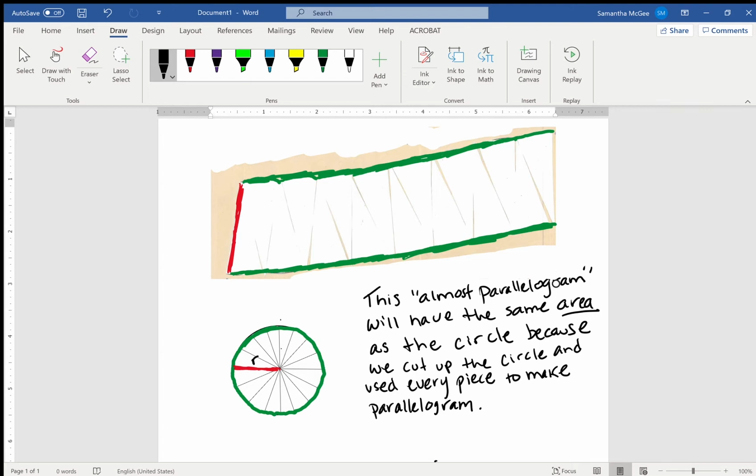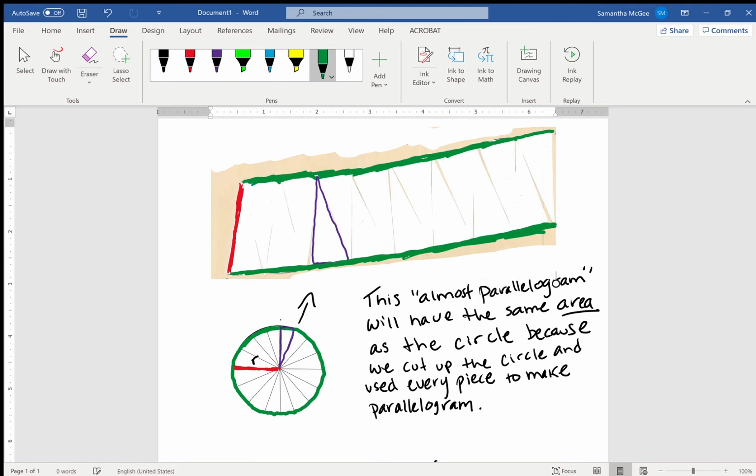Just to relate the two things that we have going on here: we started with a circle and we went to the parallelogram. Looking at the circle, one of these is one of these slices. The circumference of this circle, which I outlined in green, corresponds to these lengths of the parallelogram, also outlined in green.